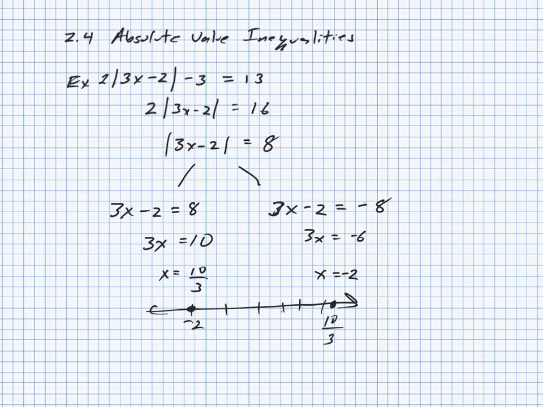So to do the inequalities, again, I'm going to assume you know to get the absolute value by itself first. So let's look at an inequality: absolute value of 3 minus 2t plus 5 is less than 10.